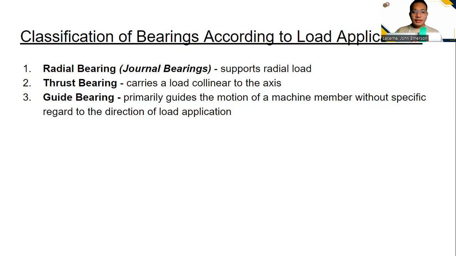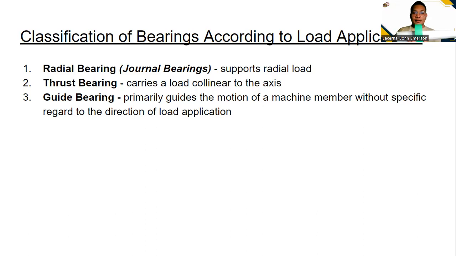So, radial bearing, sabi, supports radial load. In layman's term or simple definition, yung load natin is perpendicular sa ating shaft. Pababa siya, perpendicular yan. Perpendicular sa bearing natin at sa ating shaft.